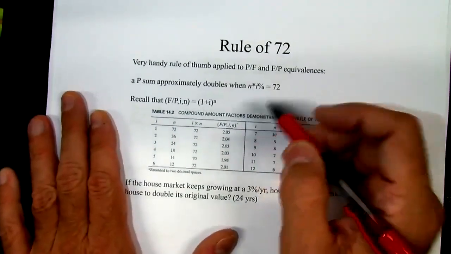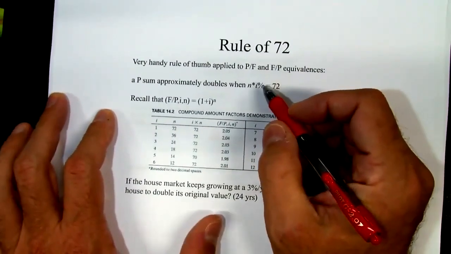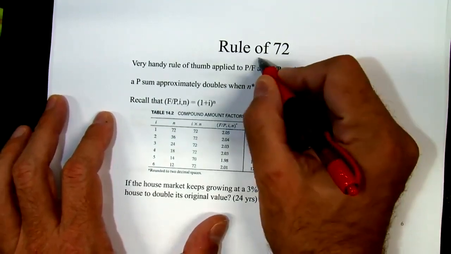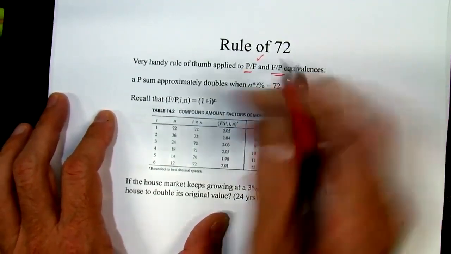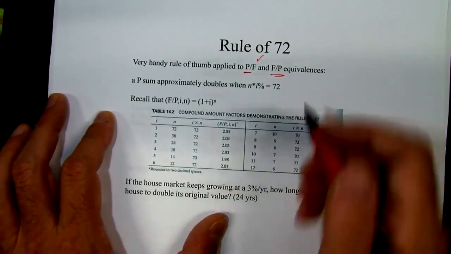Okay, so it's a pretty handy rule of thumb, which once again refers to the P given F or F given P equivalence transformation. And what does it say?